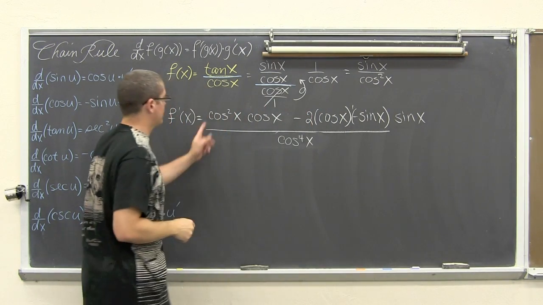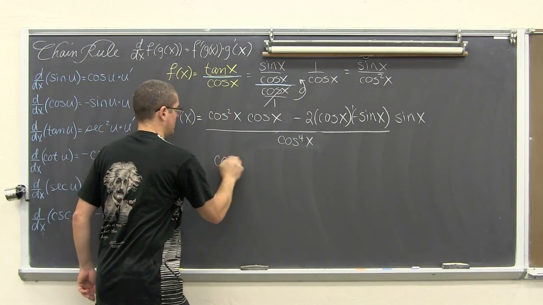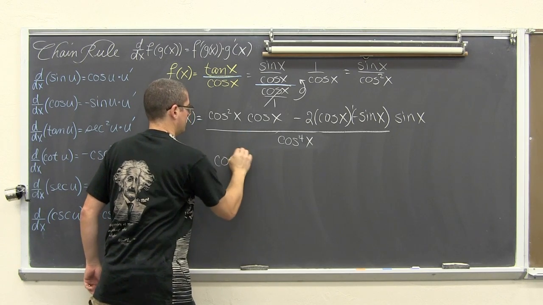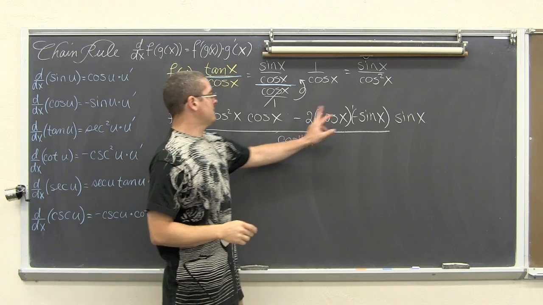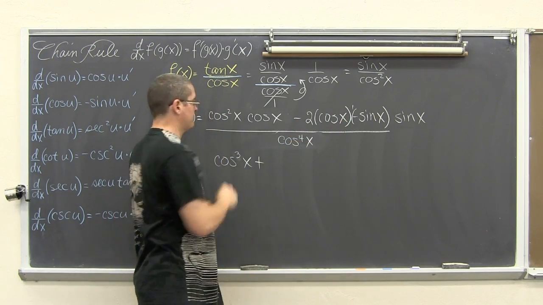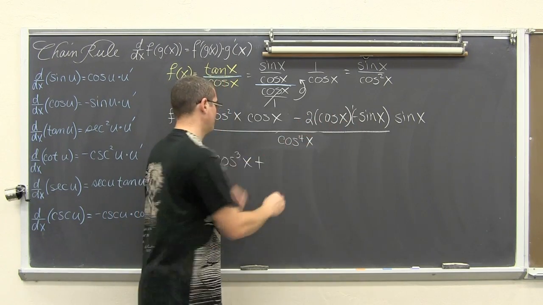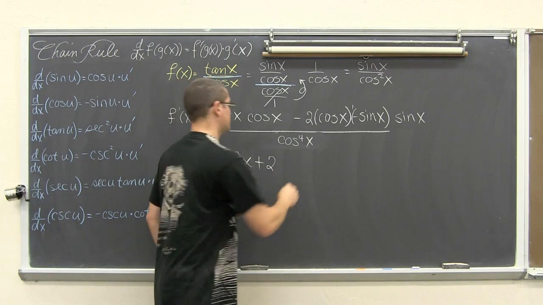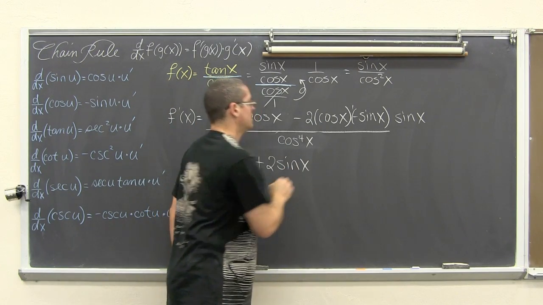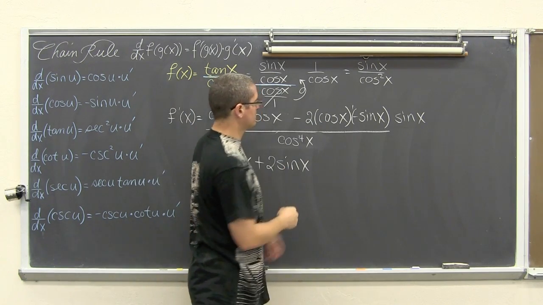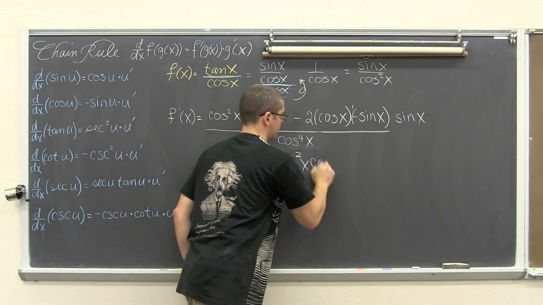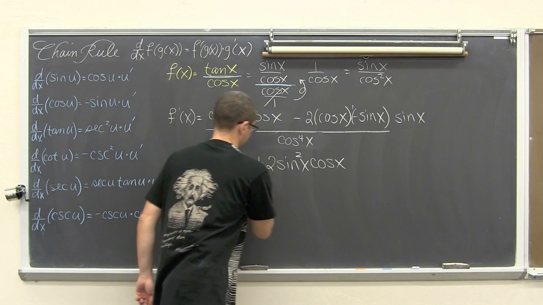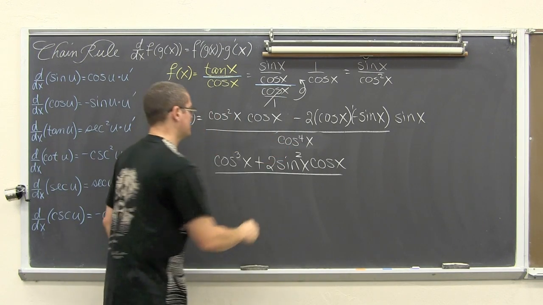Okay, so we have cosine to the third power x minus, negative times negative is positive, so let's try that again, plus 2 sine x times sine, which is sine squared, times cosine, all over cosine to the fourth.